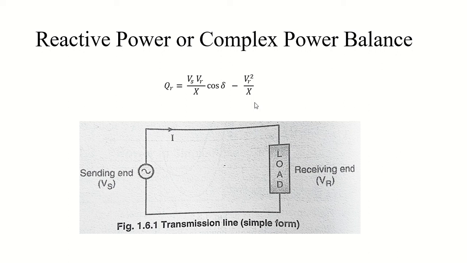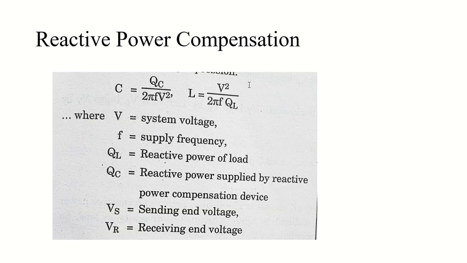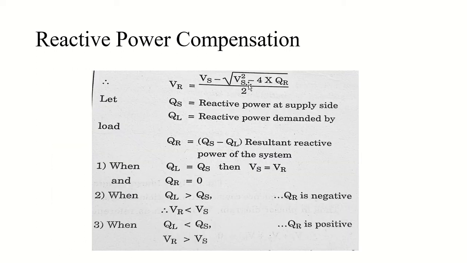Now if we rephrase it, making VR square the subject, we will get VR square is equal to VS VR plus QR into X. And from that equation, we can use the formula for finding roots.